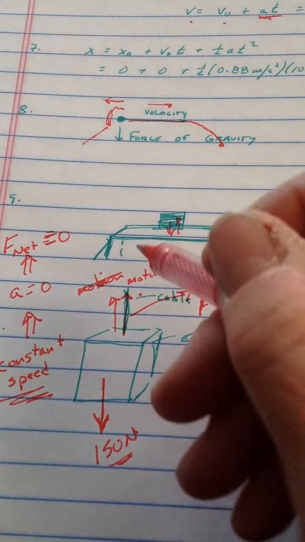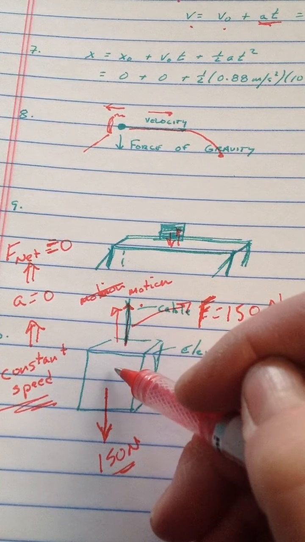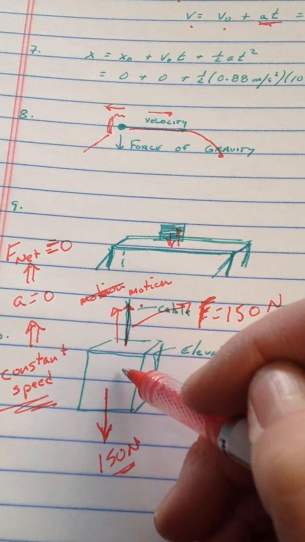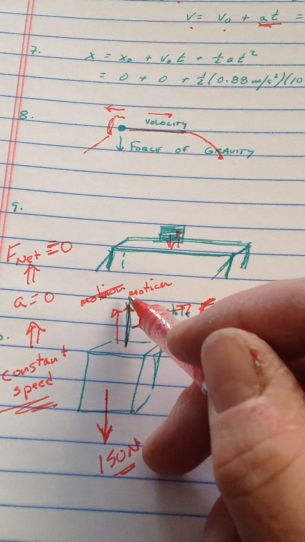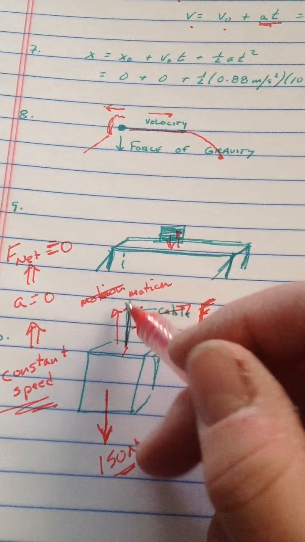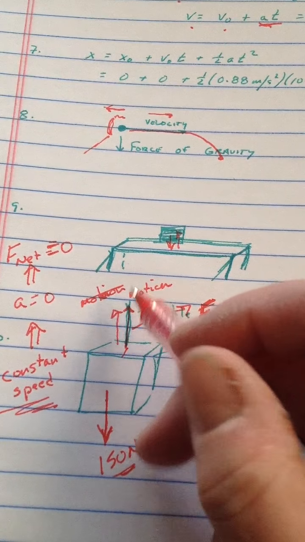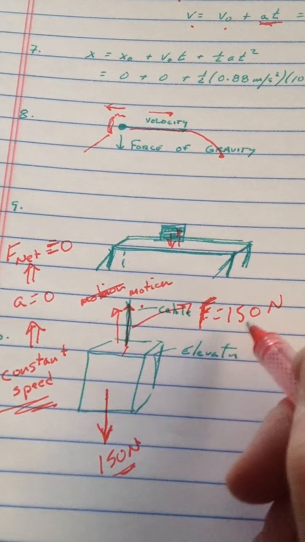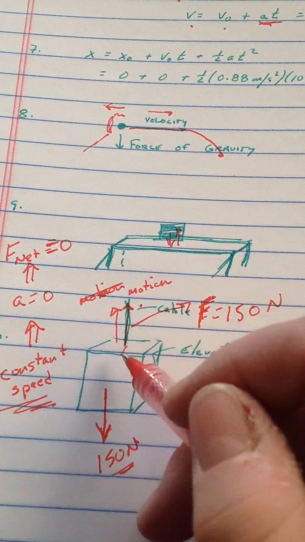I'm emphasizing this because one of the standard misconceptions people tend to have is that if something is moving upward or downward or in any direction, then there must be a slight, ever so slight, larger force in the upward direction, they'd say maybe 151 newtons or 150.2 newtons or some crazy number like that.